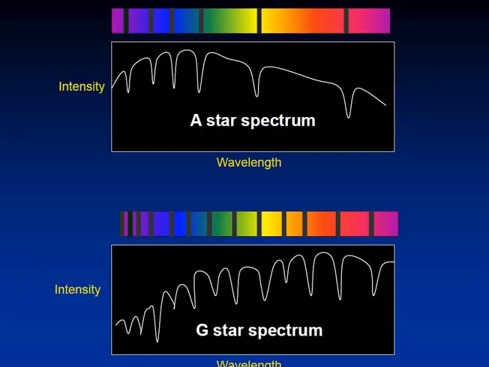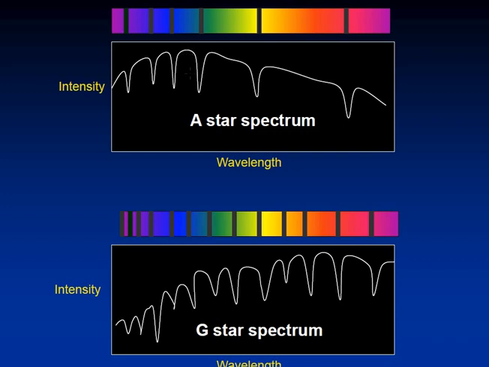See here, I have shown you the spectrum of an A star and also a G star. What A and G mean, I will talk about in a moment, but for now just think of it like this. I am showing you two different spectra, each belonging to a different star, and you see the absorption lines. Two things are to be observed. One is the overall black body feature.